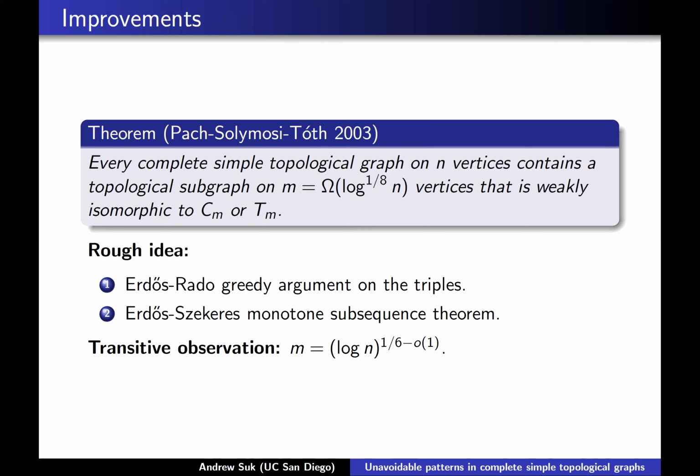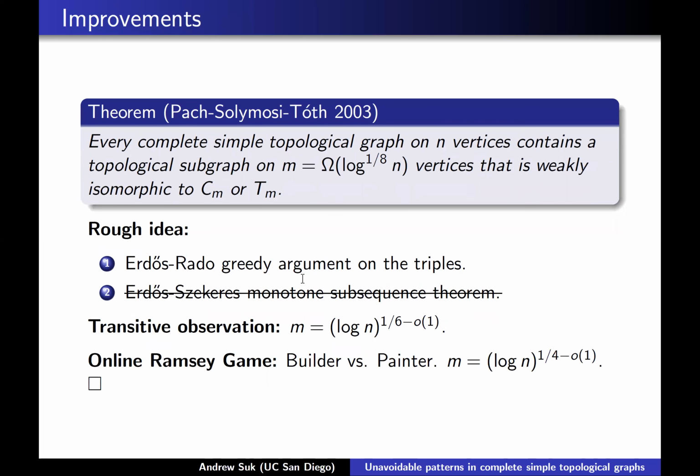But then the second observation that Zhang and I made is that instead of using this Ramsey argument here, you can use a technique from online Ramsey theory, which is about this Ramsey game between builder versus painter.